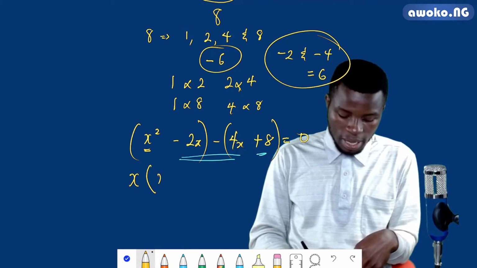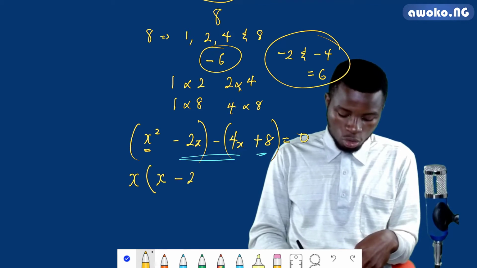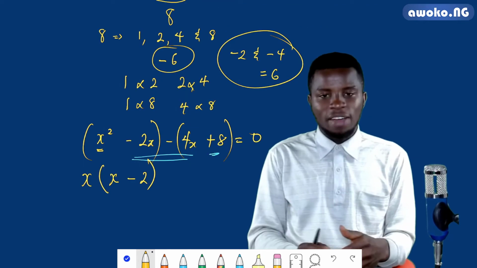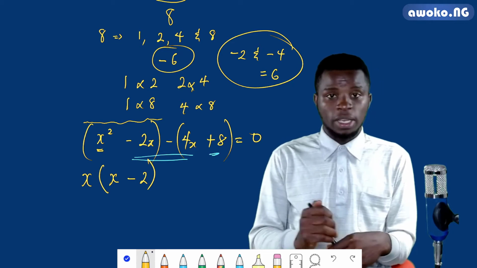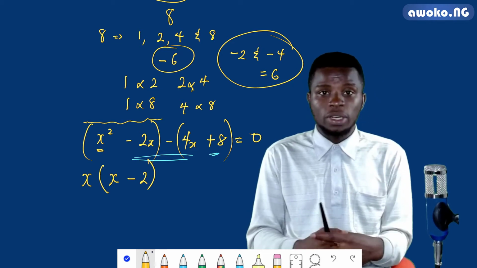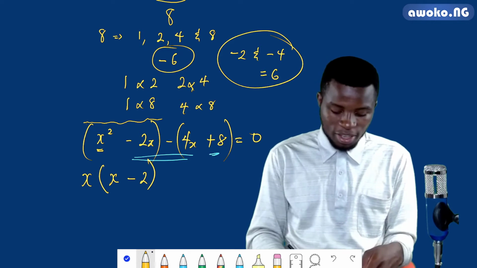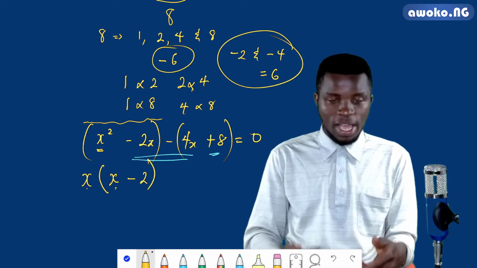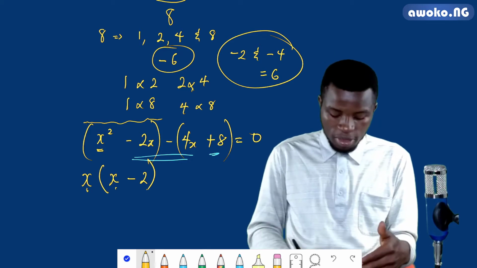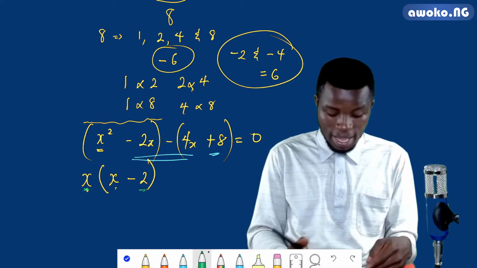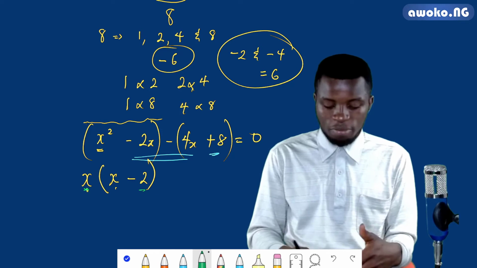We are left with x minus 2. So again, I've not done anything to this first pair, because if I decide to open the bracket, x times x will give me x squared, then x times minus 2 will still give me minus 2x.